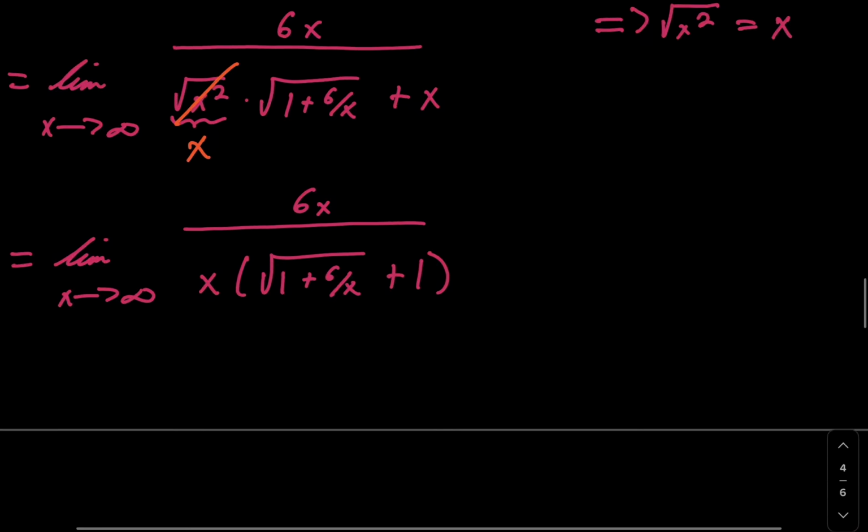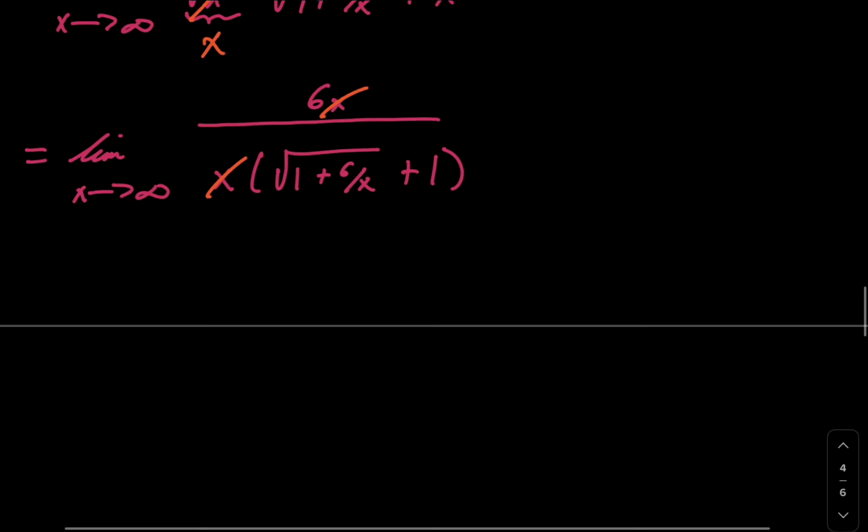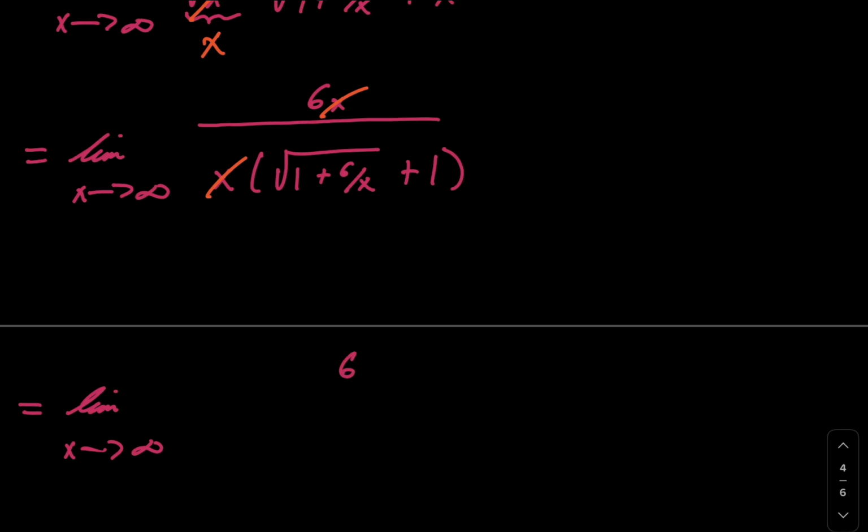And now we can go ahead and cancel those x's, and what we will have is the limit as x approaches infinity of 6 divided by the square root of 1 plus 6 divided by x, and then plus 1.